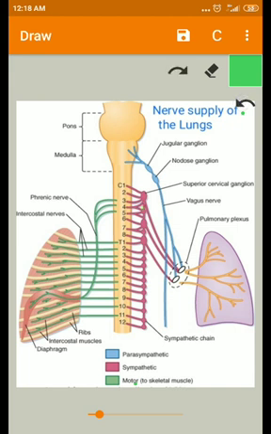Both parasympathetic and sympathetic nerves first form the anterior and posterior plexus, which are situated in front of and behind the hilum of the lung. From these plexuses, nerves are distributed to the lungs along the blood vessels and the bronchi.